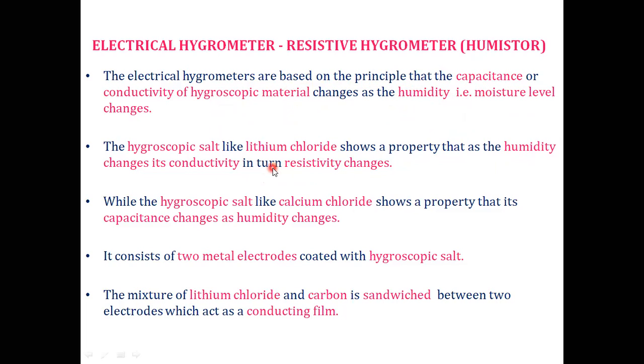Here the hygroscopic salt we are going to use is lithium chloride. Due to the humidity change, the resistivity is going to change. When humidity changes, the electrical quantity resistivity also changes.